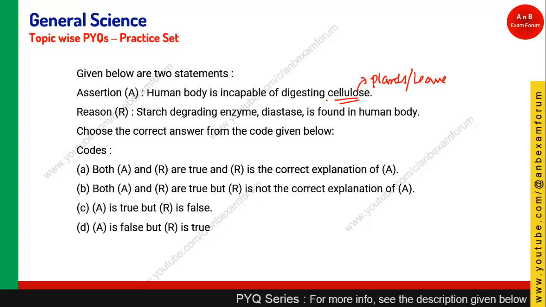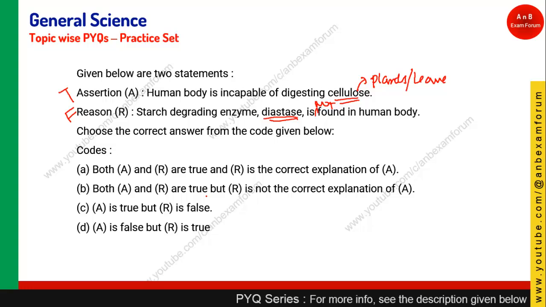The reason given is that the starch digestive enzyme diastase is found in the human body. It is basically the reverse. This starch digesting enzyme diastase is not found in the human body. If it were found, we would be able to digest cellulose, but since this enzyme is not present, we cannot digest it. So the reason is false, the assertion is true.